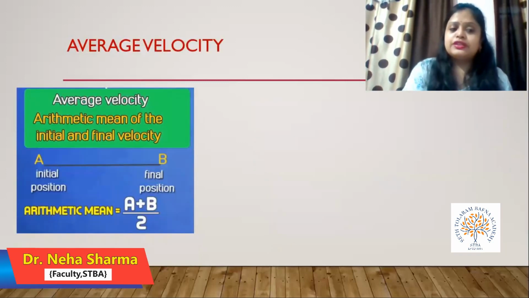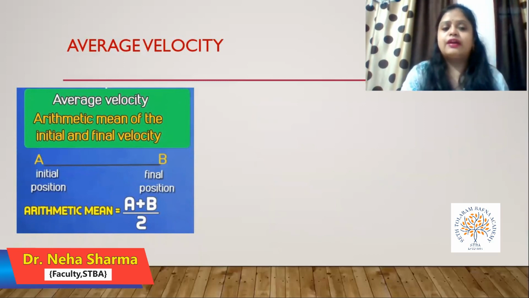So average velocity is calculated by means of the arithmetic mean of initial and final velocity. What does it mean? Arithmetic mean is the sum of the values of some objects divided by the total number of objects. Suppose in this example, one particular object is moving from point A to point B. Point A is the initial position and point B is the final position.